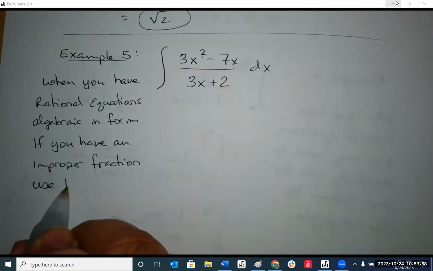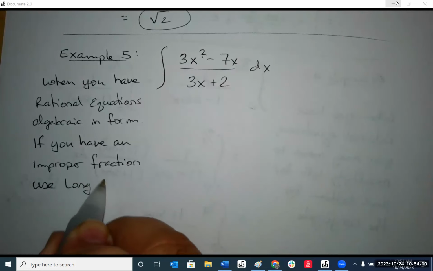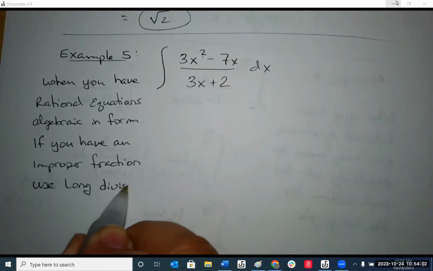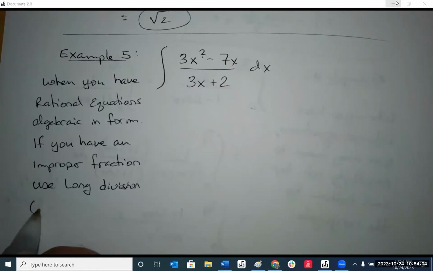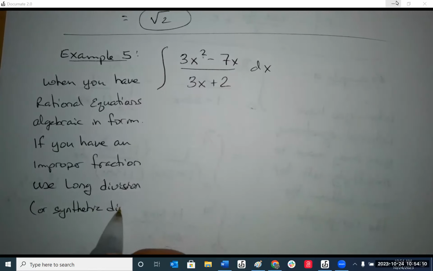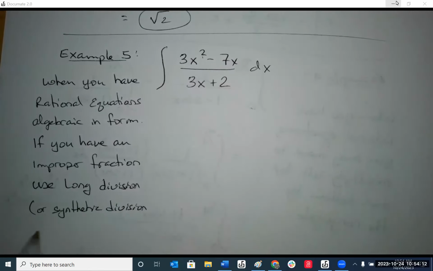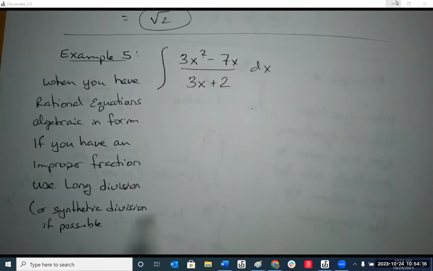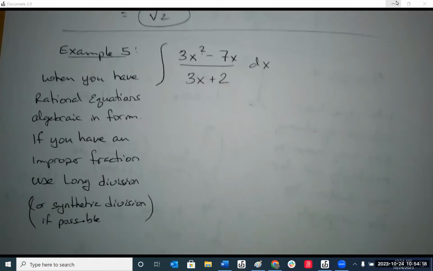Use long division or synthetic if you can, and divide them.